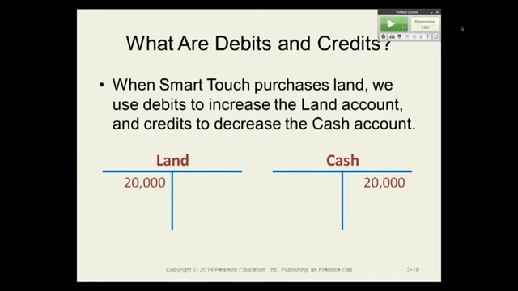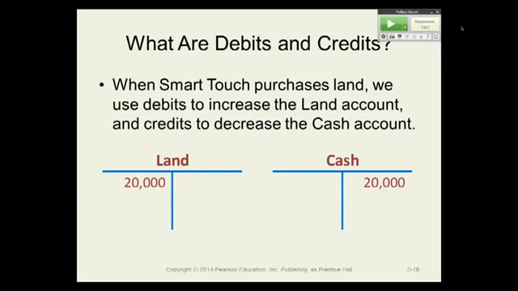And in our transaction, up until a few minutes ago, we would increase land and reduce cash, just like that. Now, it's going to be different. Now we're going to debit the land for 20 and credit the cash for 20. So the cash decrease is a credit to that account, and the land increase is a debit to that account.